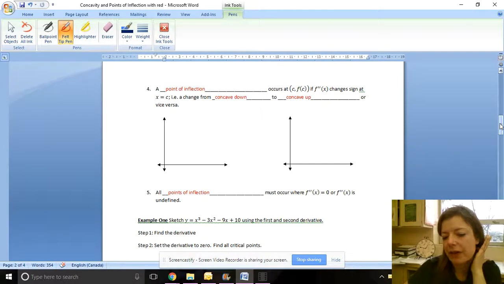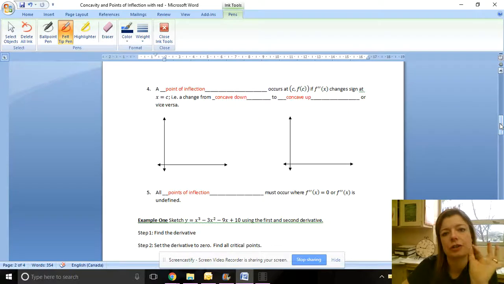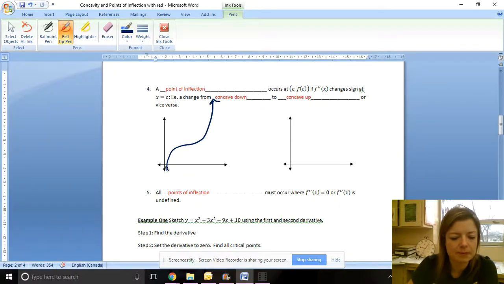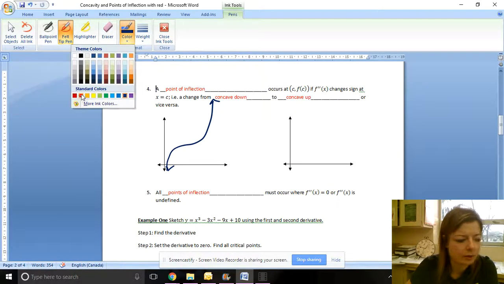A point of inflection occurs when a function is changing concavity at that point. So right at that point, we'll call it C, the function is changing from concave down to concave up, or concave up to concave down. For example, if you draw something like this, basically a cubic shape, and I'll change the color here for you.